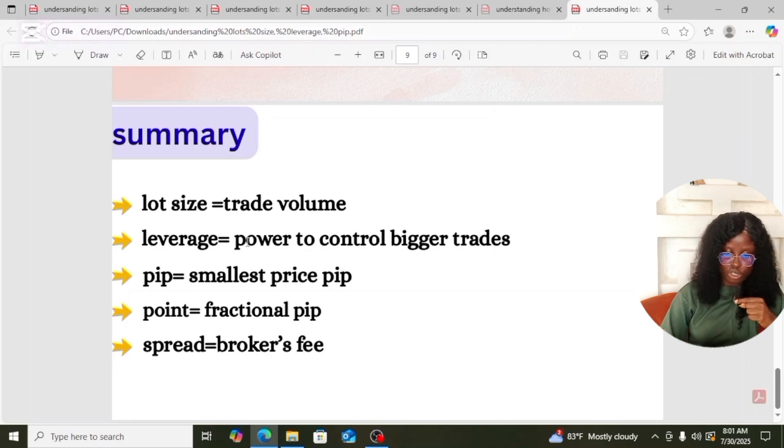Leverage is just the power to control bigger trades; it is the money our broker lends us just to be able to open bigger positions. A pip is the smallest price movement, a point is a fractional pip, and the spread is the broker fee. I hope you're able to break down everything in this video. On this video we talked about lot size, pip, spread, point and leverage.